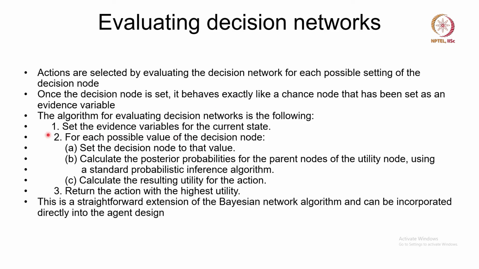First you set the evidence variables for the current state. For each possible value of the decision node, you set the decision node to that value, calculate the posterior probabilities for the parent nodes of the utility node using a standard probabilistic inference algorithm, and calculate the resulting utility. The one which gives the highest utility is the action which you return. That's how this decision network works.